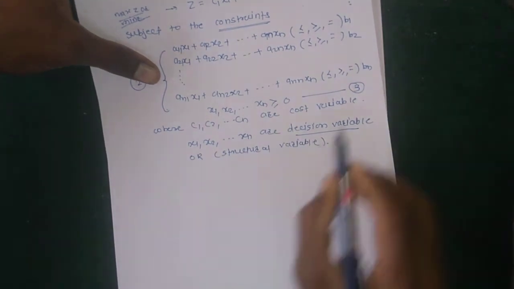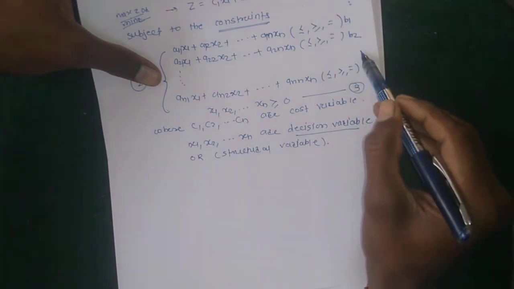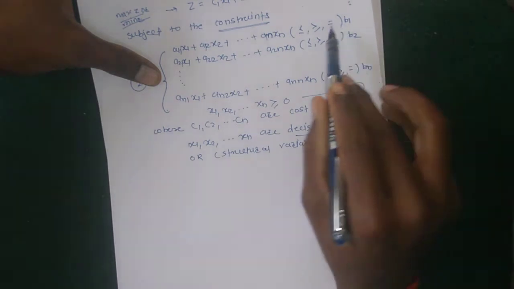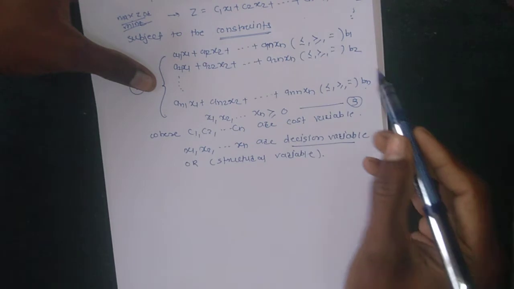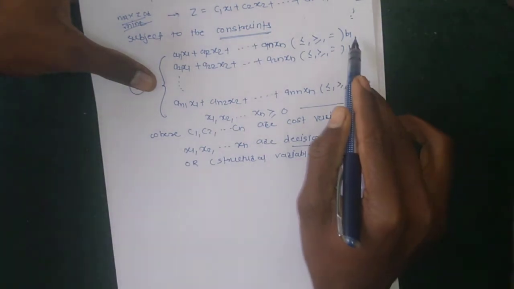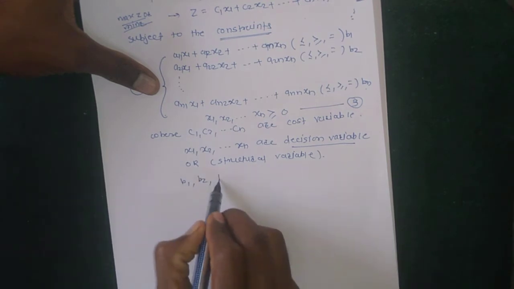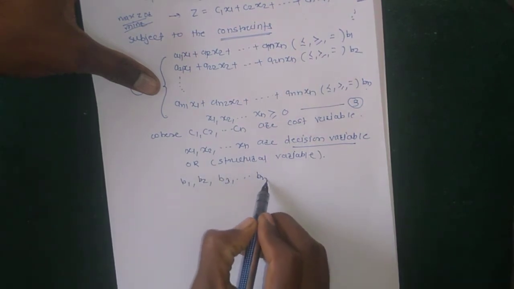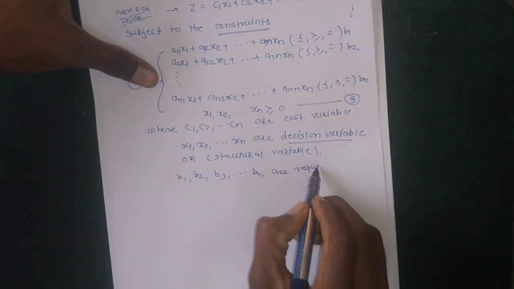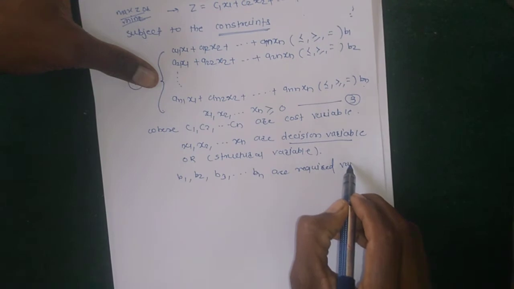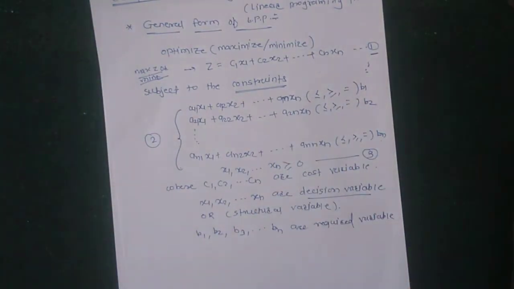And b1, b2 up to bn, the right side of the constraints, are called the requirement variables. This is the general form of LPP.